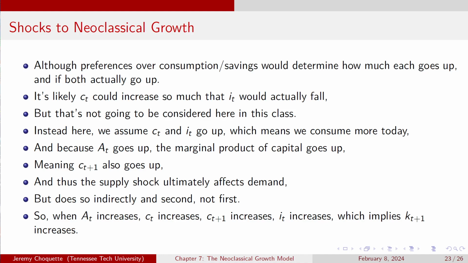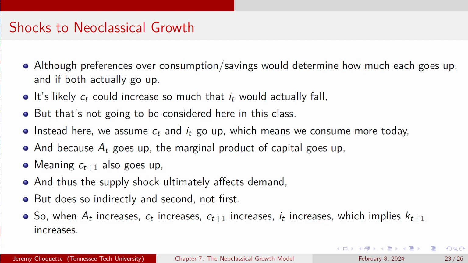We can consume more today, right? We get more that we can consume because, if you think about it in terms of price and output space, things get cheaper. Technology goes up. We can make more things with the same amount of stuff that we had before. So we get more things. When more things hit the market, the price of those things falls. So we can consume more stuff.